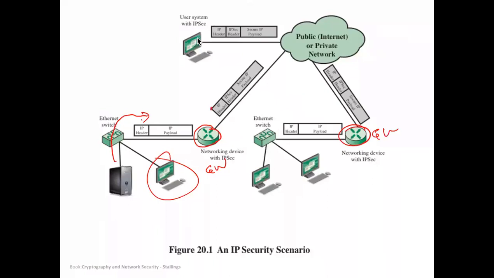So it will create an IPSec packet, which will go over the net and come to this gateway, which will remove that after doing the authentication check and decrypting, and send the original IP packet on. Any question?